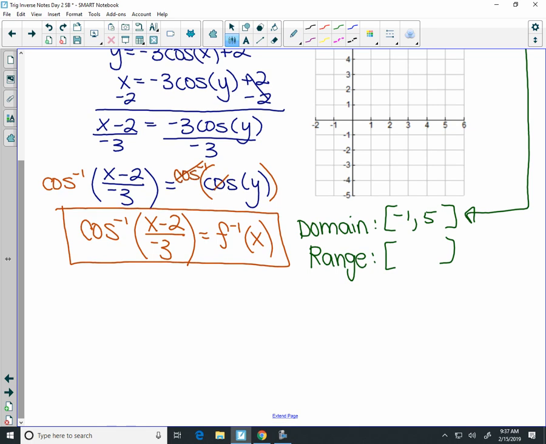Usually for cosine inverse, we're going from 0 to pi, right? That's our parent function range, 0 to pi. Is there anything on this guy that does a vertical stretch or moves it up or down? Any number out here? Any number out there? So the range here is going to be 0 to pi.